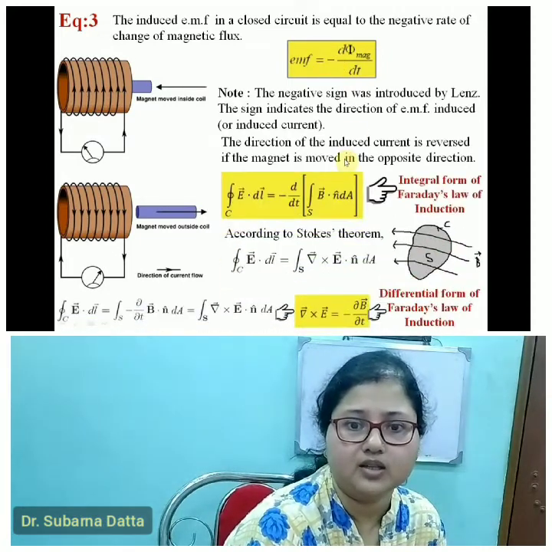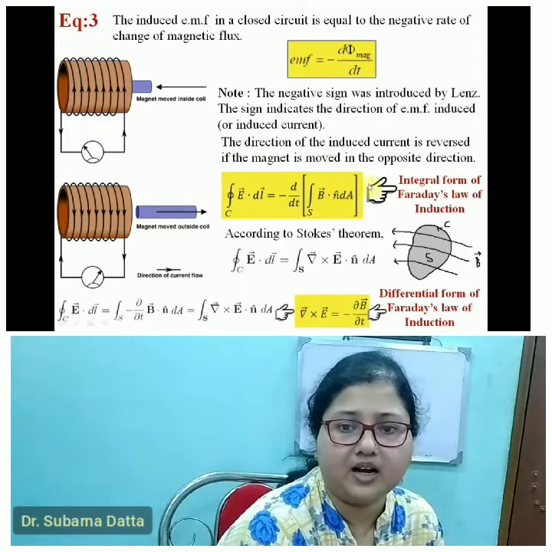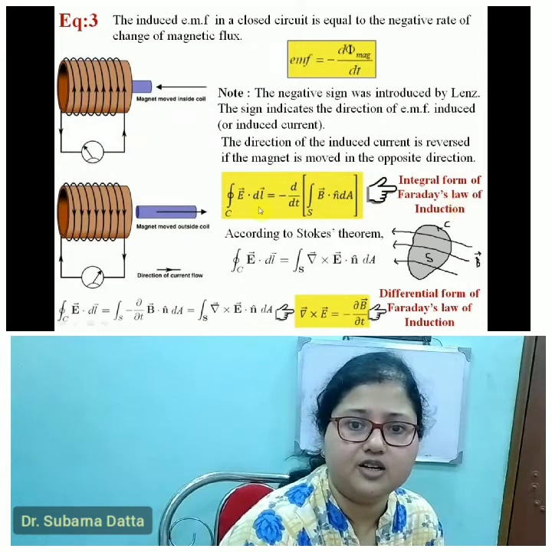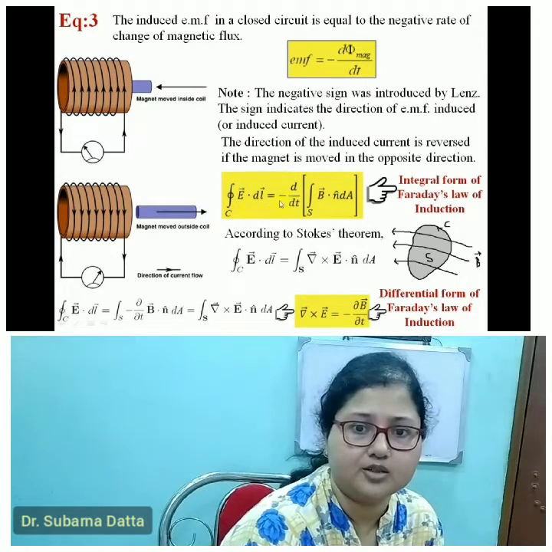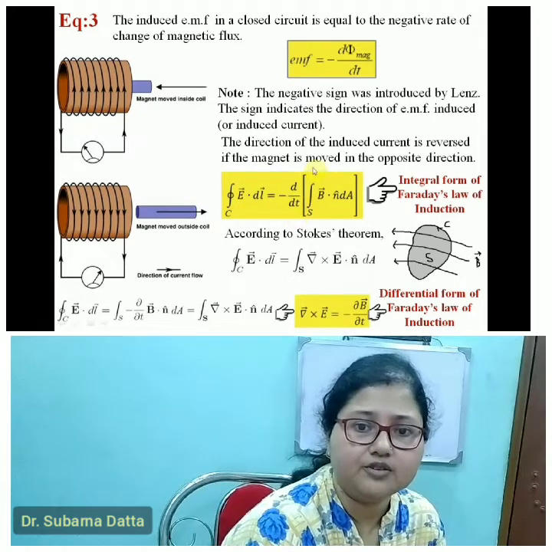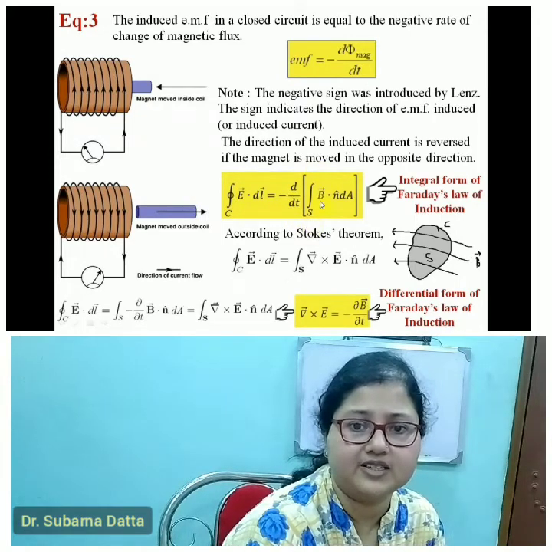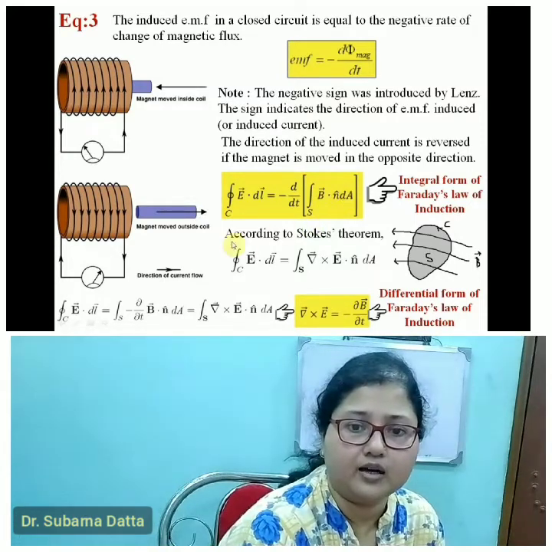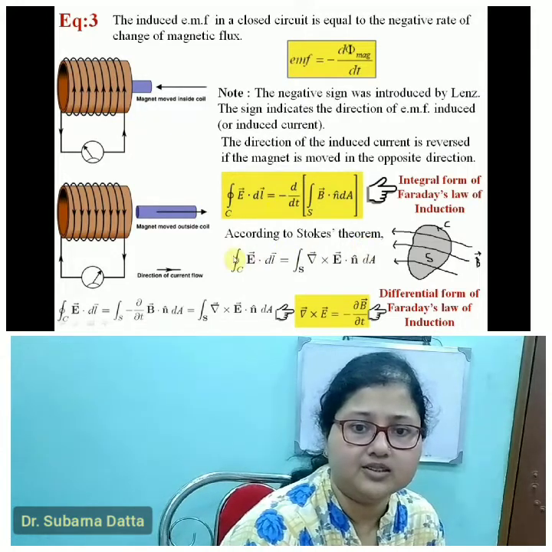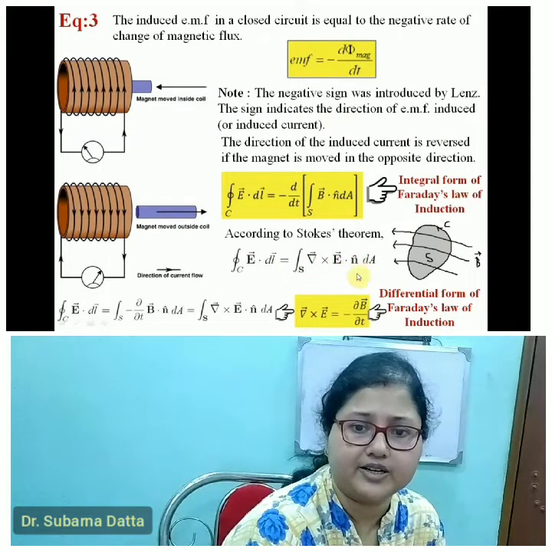Now the integral form of Faraday's law is: the closed line integral of E dot dl is equal to minus d by dt of the open surface integral of B dot n cap dA. We apply Stokes' theorem, and from that we know that the closed line integral of E dot dl is equal to the open surface integral of curl of E dot n cap dA.